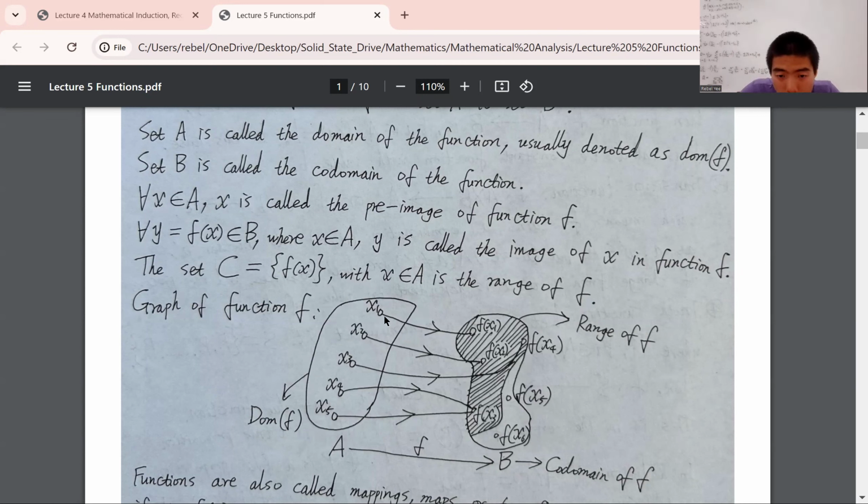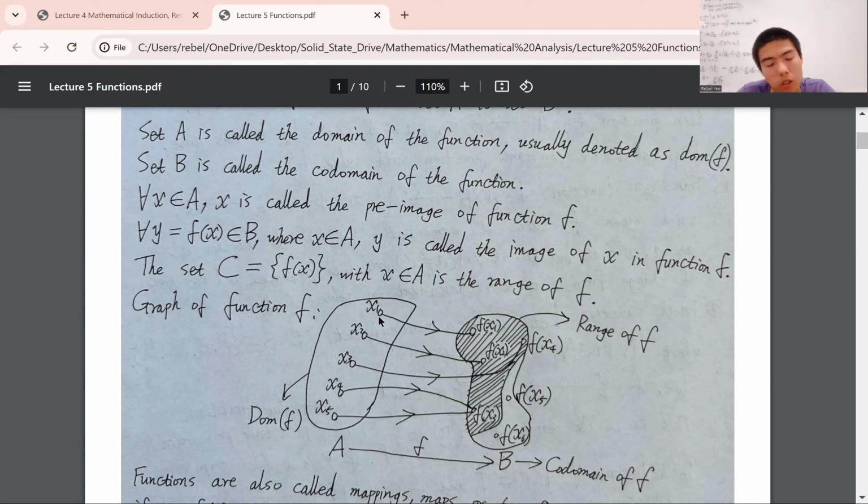And we can see the function f pairs x1 to f(x1), x2 to f(x2), x3 to f(x4), and x4 to f(x3), x5 to f(x3). So in this case, it is true that for every x, there's only one f(x) that can be found.